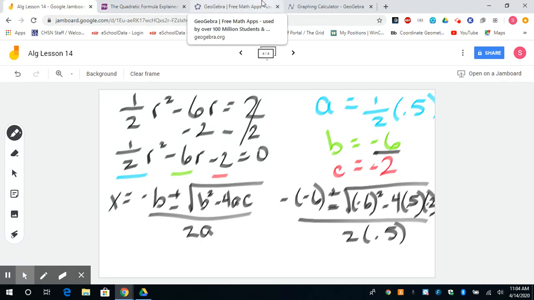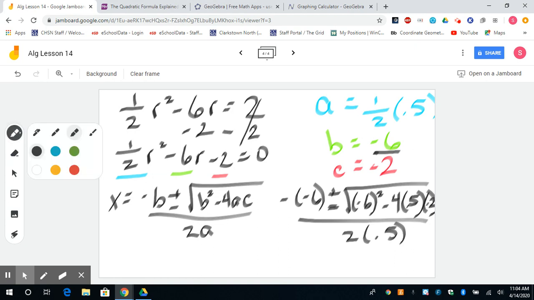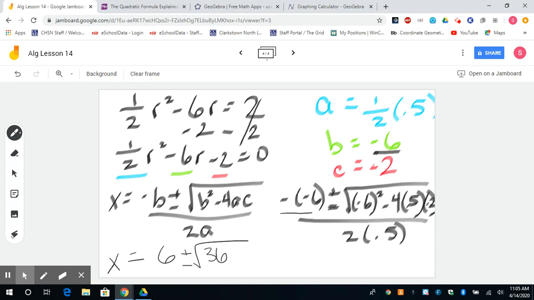Okay, so now I'm going to simplify this a little bit. So now I have x equals negative 6 is a positive 6 plus or minus the square root of, negative 6 squared is 36, minus, so then I have 4 times a half, or half of 4 is 2, times negative 2.